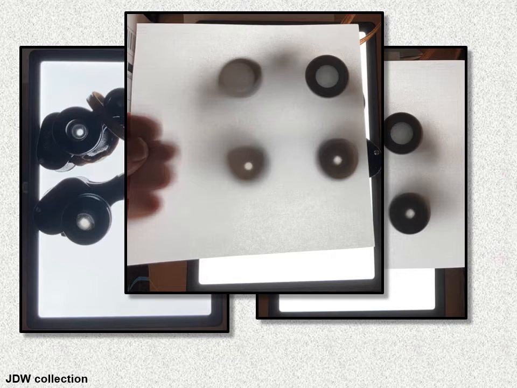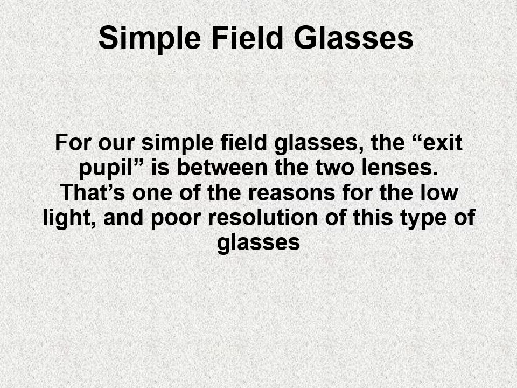The reason is that in field glasses, the exit pupil is inside, between the two lenses. That's why the light is not great. There's a little light. So to reinforce that, in our simple field glasses, the exit pupil is between the two lenses. That's one of the reasons for the low light and poor resolution of this type of glasses.